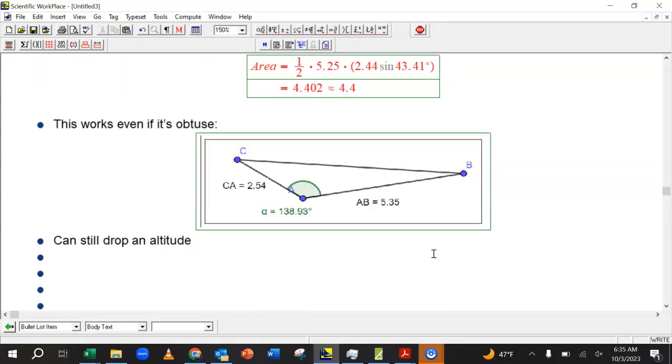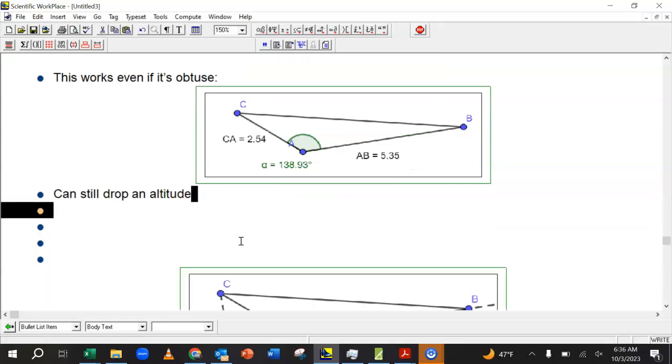But here, it's a little different. I didn't change this side, but this is now opened up to be an obtuse angle. This is a little different because I just moved it on the dynamic geometry program. But the main thing is that this is obtuse. And if I drop a dotted line perpendicular to the line AB, it doesn't actually hit inside the triangle, but it totally hits the line.